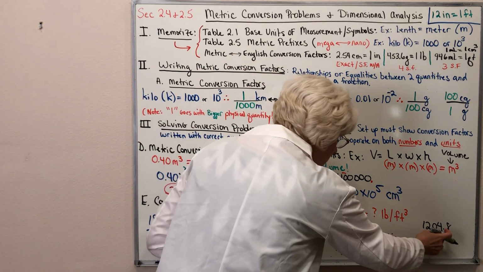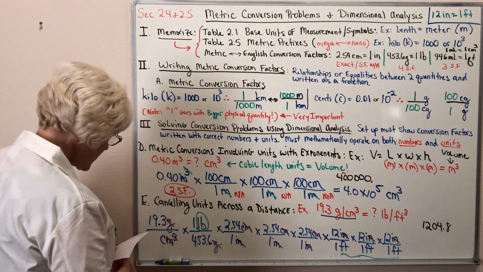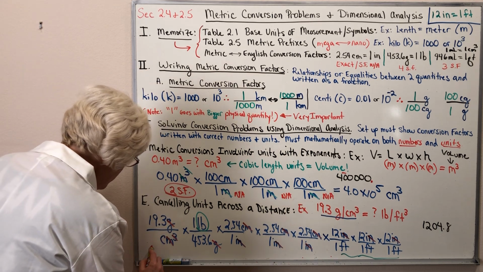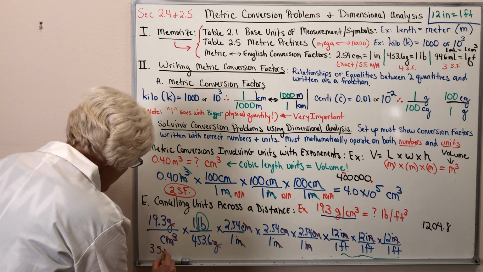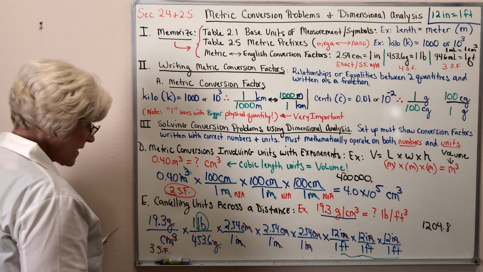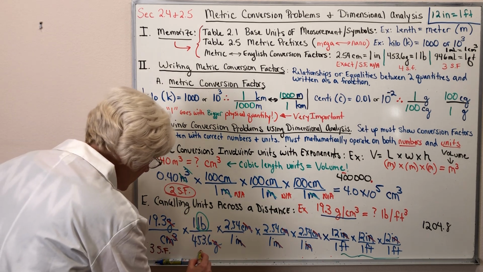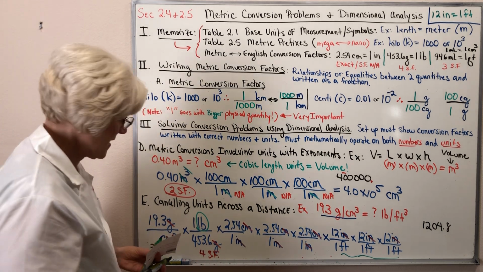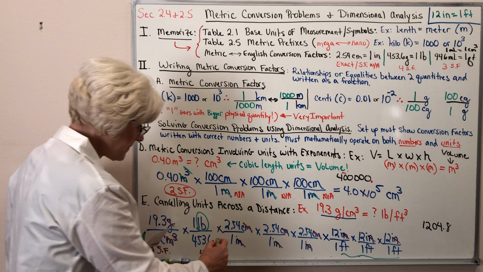So that's what the calculator is showing, but how many sig figs should our answer have? This first density is a measured value with 3 sig figs. Our mass conversion factor, English to metric, is not exact and has 4 sig figs.